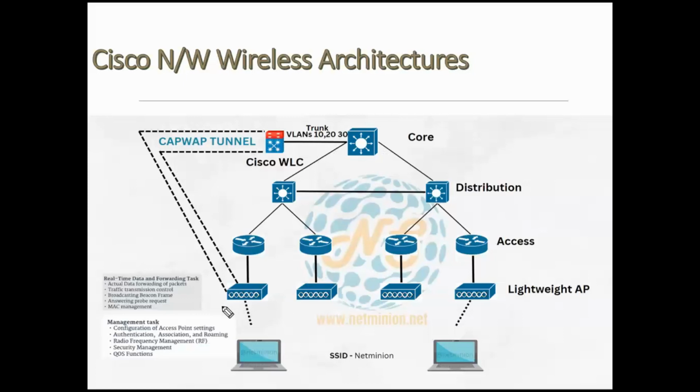If you see this layer, this complete layer is the access point. And on which layer is the access point configured? Access layer. When I talk about three-tier, access, distribution, core, with respect to that, it will just be connected to your access layer, which can be a layer 2 switch or a layer 3 switch.